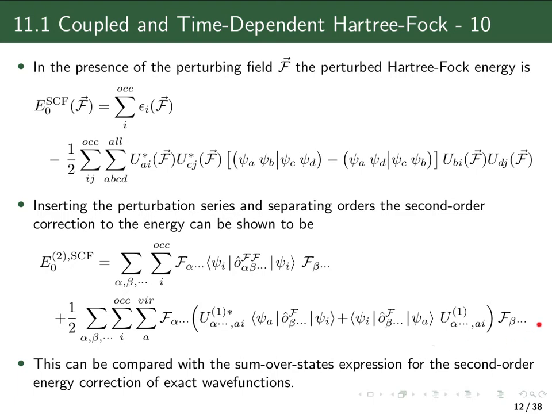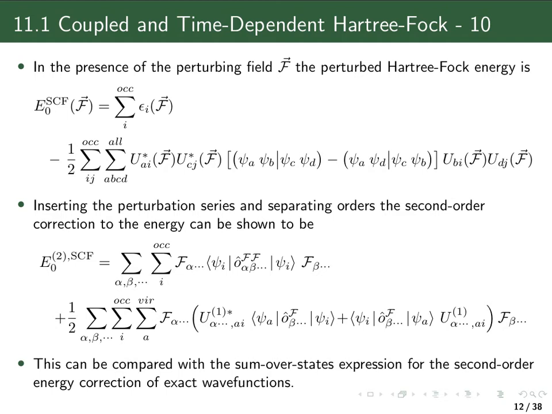And this term, where we have a sum over occupied and virtual orbitals, property integrals over the first-order property operators, and these first-order corrections to the expansion matrix, corresponds to the sum over states expression, where we would have had transition moments with the first order correction to the Hamiltonian.